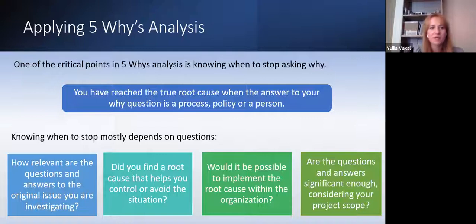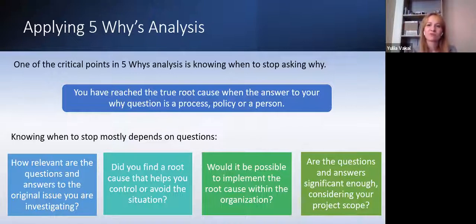How relevant are the questions and answers we get to the original issue? And did you find a root cause that helps you control or avoid the situation? If the issue pops up again, it means that wasn't a root cause.